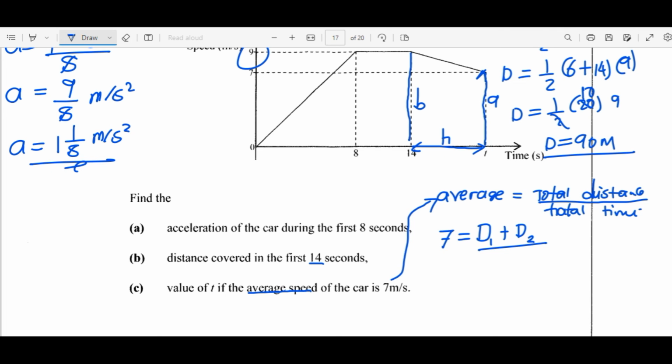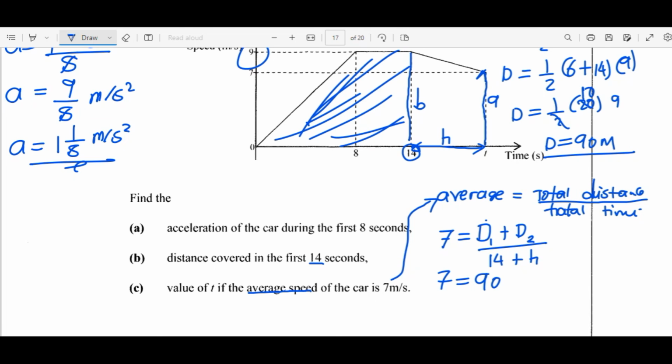The total time taken is 14 plus this H that we don't have. So 14 plus H. So 7 is equal to the distance 1 we have, which is 90.